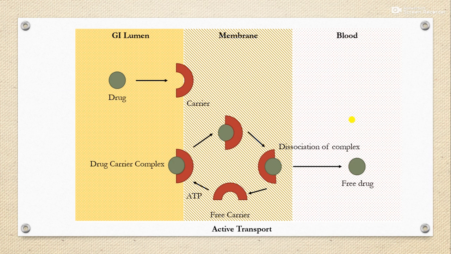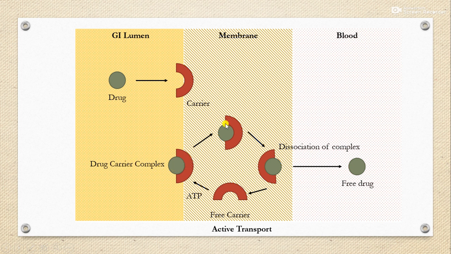So this diagram represents the active transport. We have three compartments, you can see: the GI lumen, that is gastrointestinal lumen, the membrane and the blood. Here the drug will bind to the carrier that is present on the membrane to form a drug carrier complex.